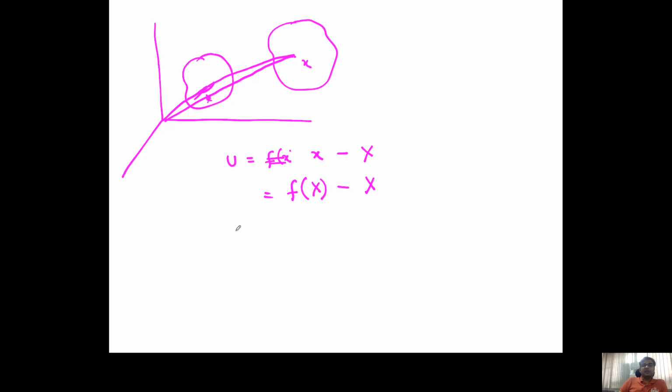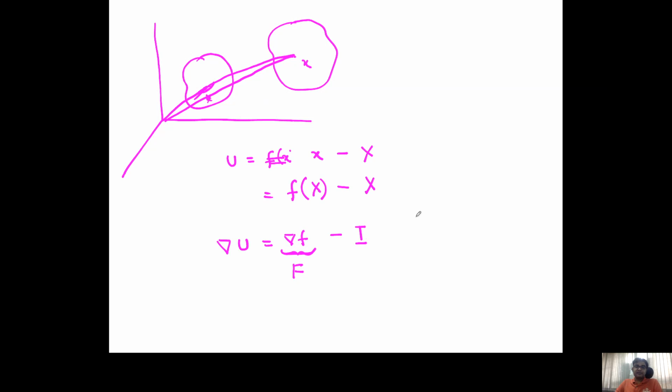So with that, if I take gradient of u, it will become gradient of f, which is capital F, right? So this is capital F. And x, with respect to X, we are taking gradient, so this will become an identity matrix.